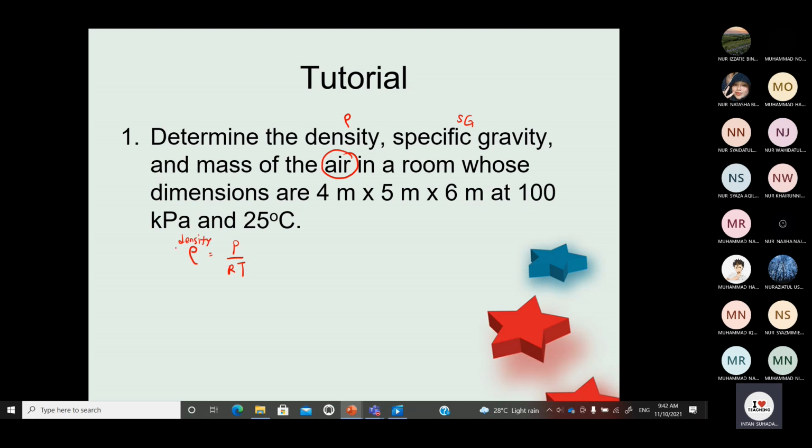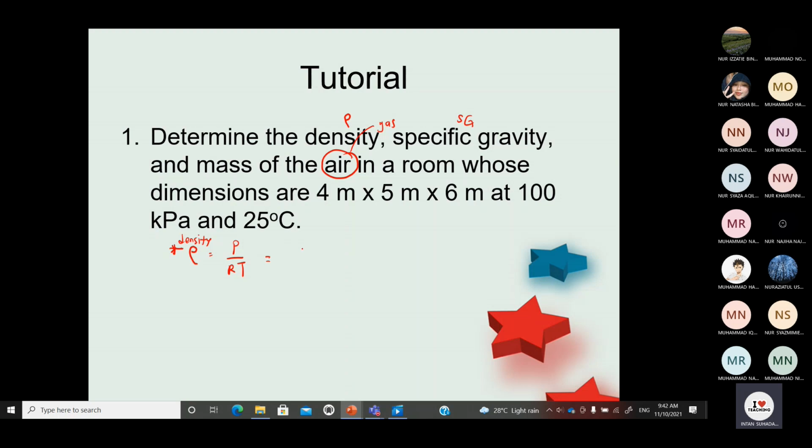So you must know this equation. I didn't explain it right before this. Density of air or gas: if we deal with gas, we will have the pressure over R times T.